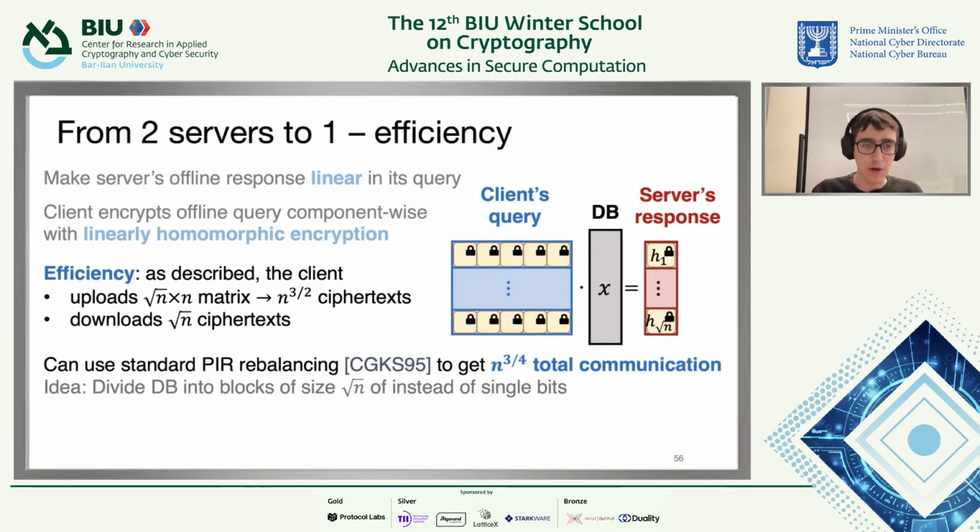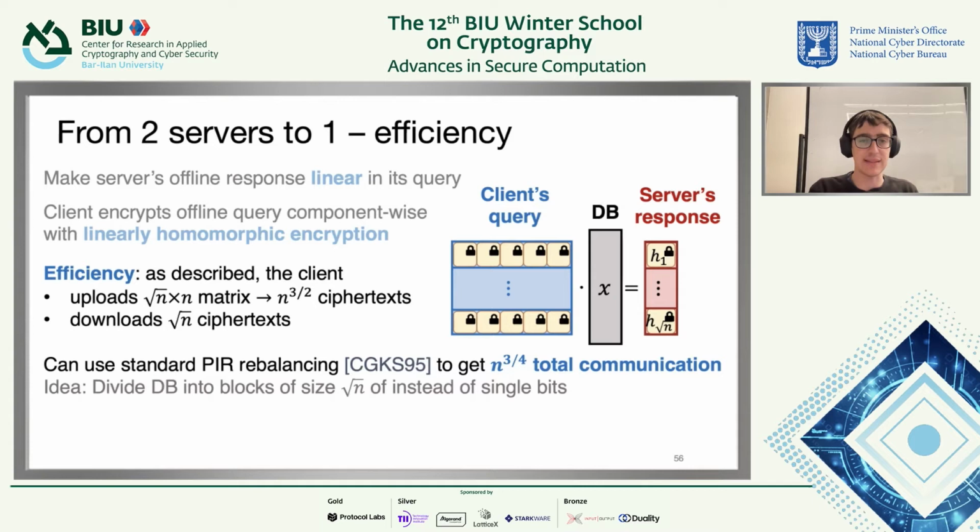This is a little bit similar to some of the things that we've seen in the previous hour. What we can do is, instead of viewing the database as an n-bit array, view it as a database of square root n blocks, each of size square root n.